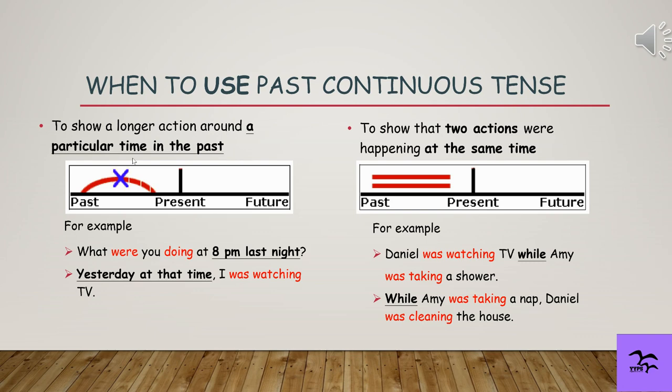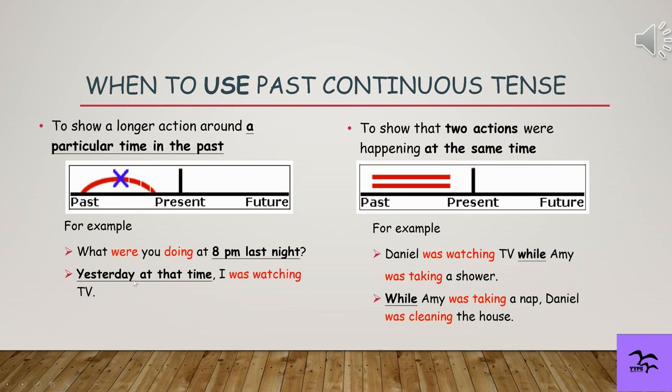Therefore, if you want to express the action in a particular duration of time, like yesterday at 3 p.m., you can say, I was doing homework yesterday at 3 p.m. Here are two more examples. What were you doing at 8 p.m. last night?